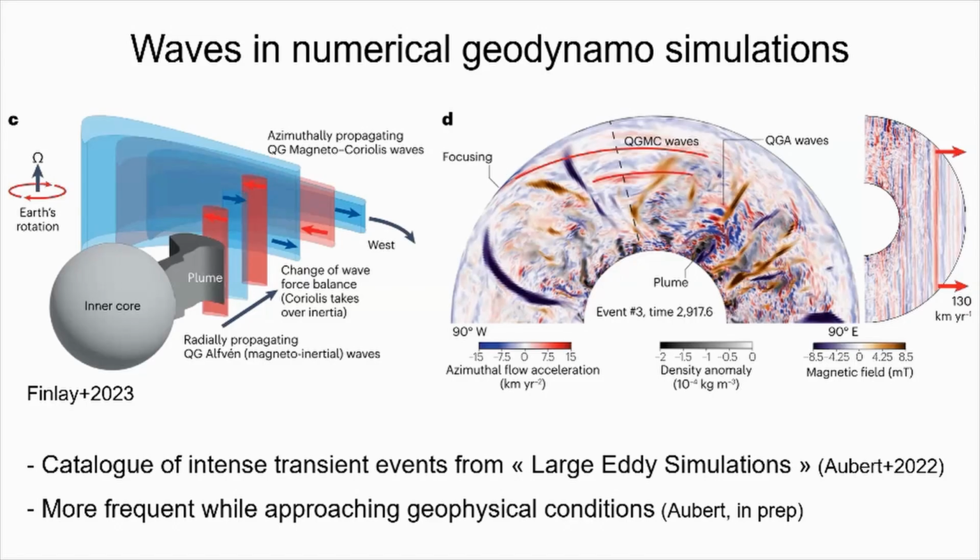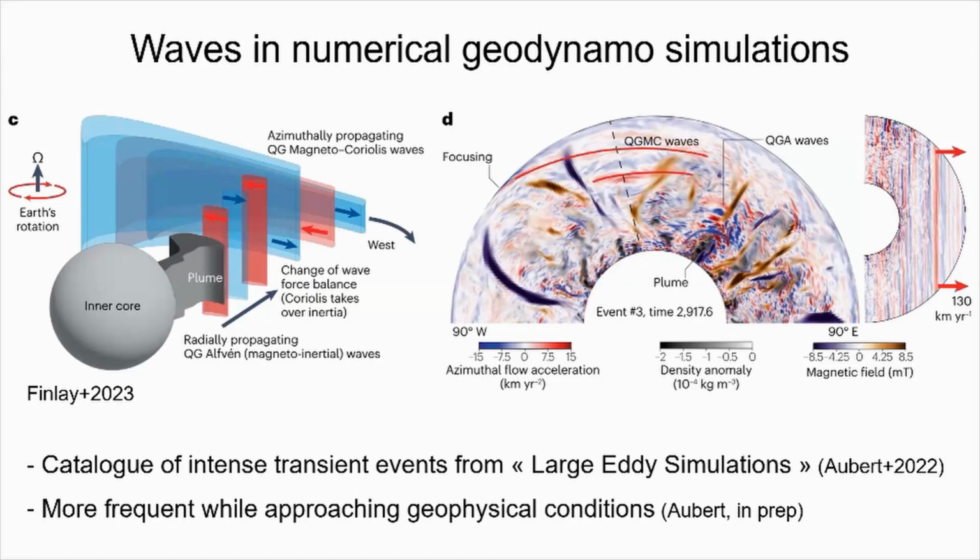QG means Z-invariant because of Coriolis, and alpha because the magnetic force is the one that is important. As they move outward, these waves morph into QG-MC waves, magneto-Coriolis. That means the Coriolis force enters the problem as the wave gets closer to the core equator, and it becomes much elongated in the phi direction. These are the waves that we have witnessed, the second one.